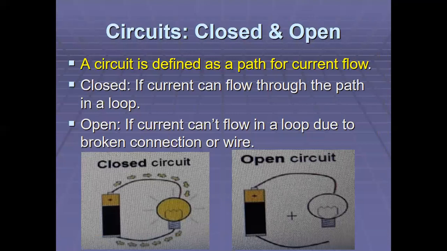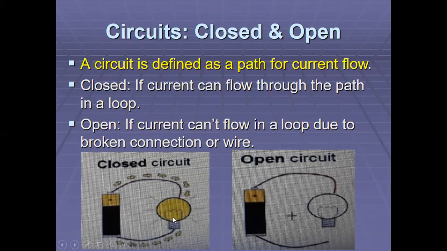Now, there are two types of circuit. One is closed, one is open. What is a closed circuit? Just now we have seen usual circuits, where the current can flow from a point and come back to the same point or source. There is a closed loop, a closed path. That is a circuit.